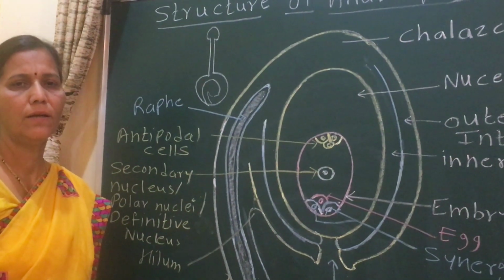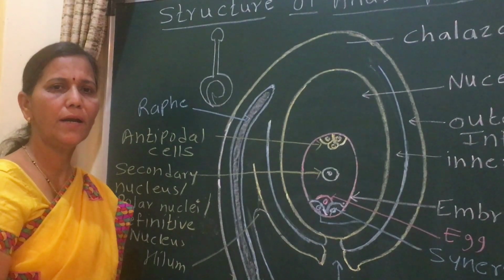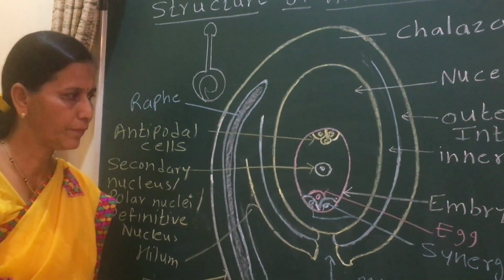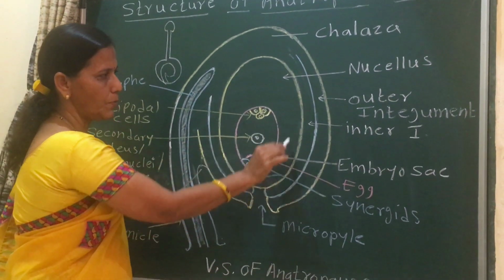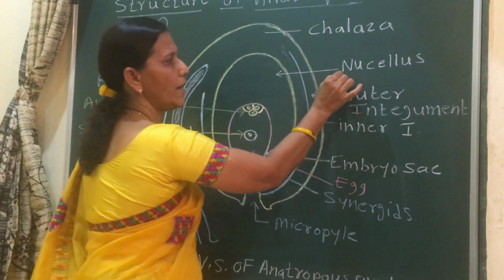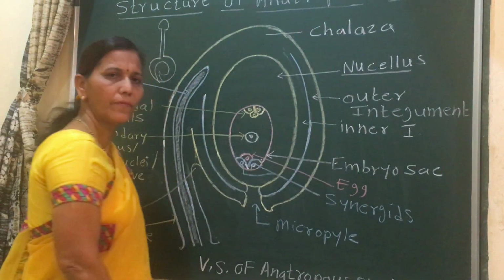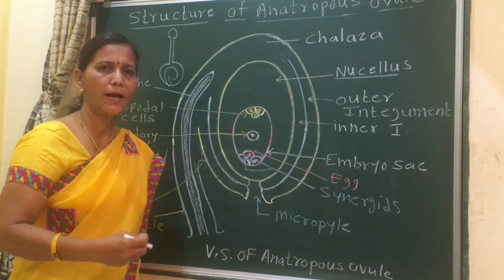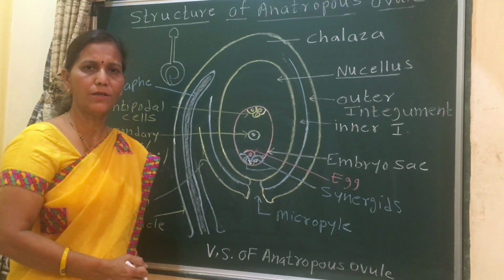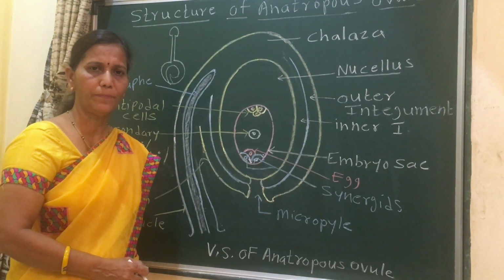Second definition, it is integumented megasporangium. Here, this is the megasporangium, which is also known as nucellus. What is the meaning of megasporangium? A megaspore producing structure is called as megasporangium.